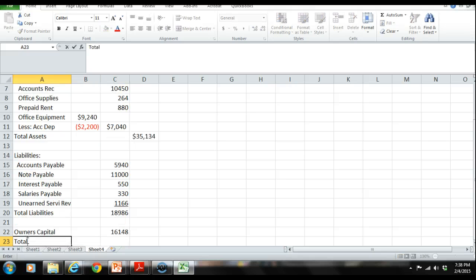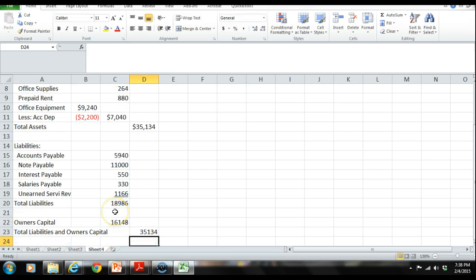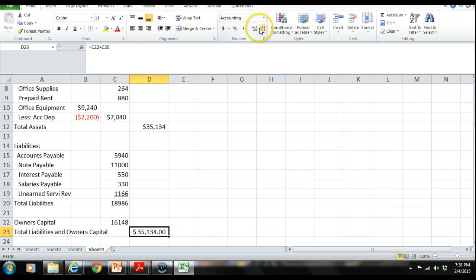Now total liabilities and owner's capital should equal 35,134. So it works perfectly, and that feels so good to balance it.